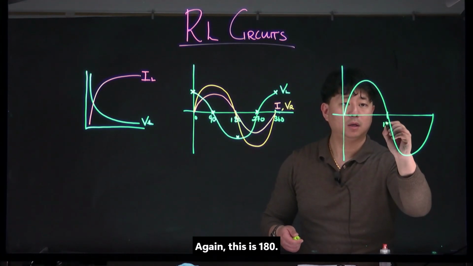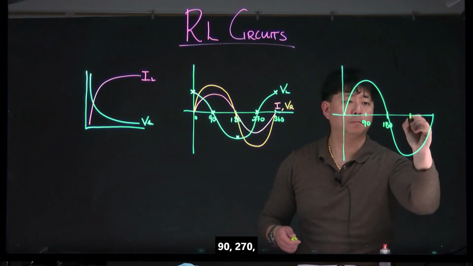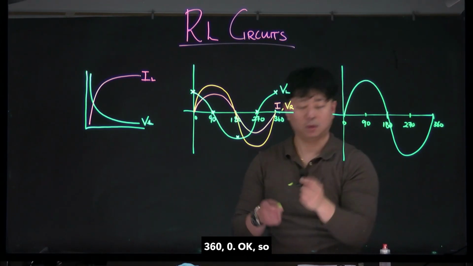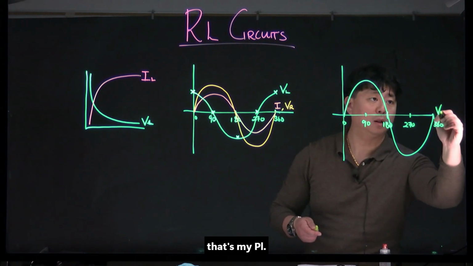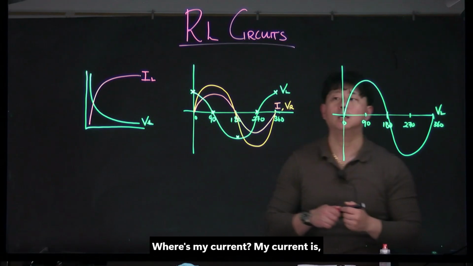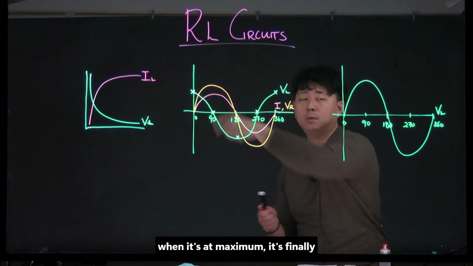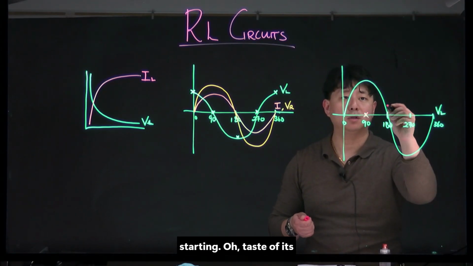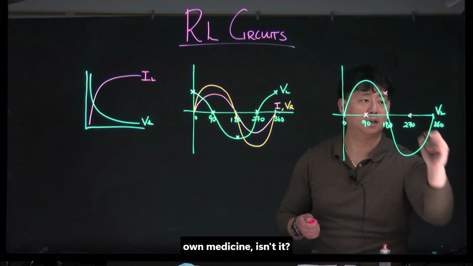Again, this is 180, 90, 270, 360, 0. So that's my VL. Where's my current? When VL is at maximum, the current is finally starting. Oh, a taste of its own medicine, isn't it?